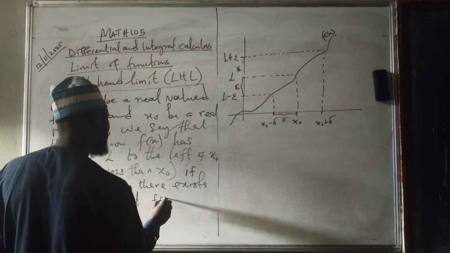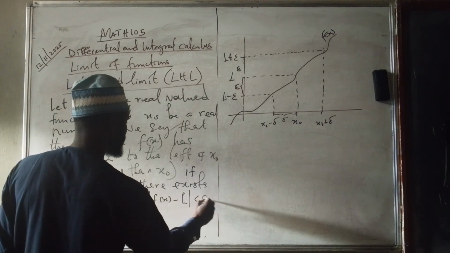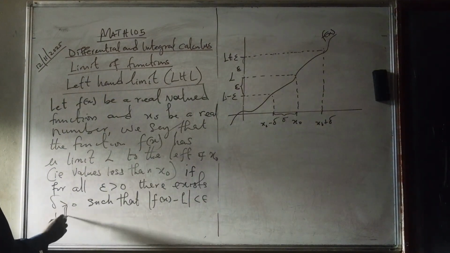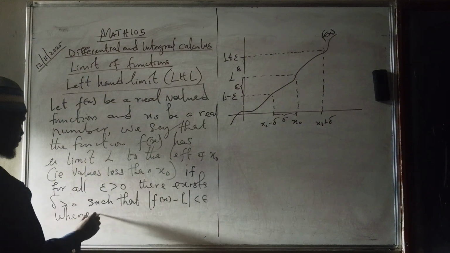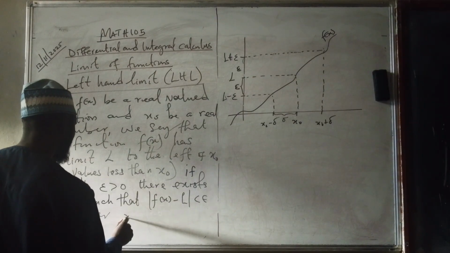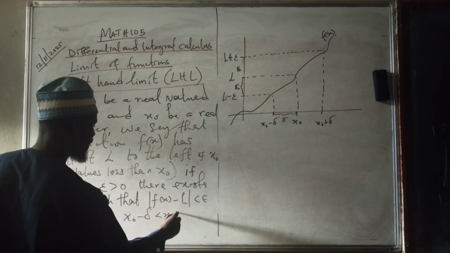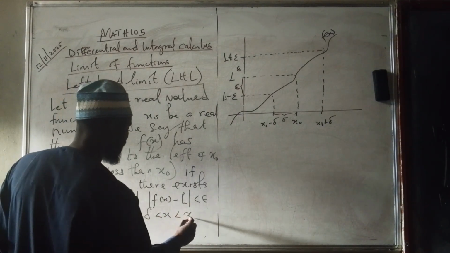the absolute value of f of x minus the limit is less than epsilon whenever you have x naught minus delta is less than x, and this is less than x naught.